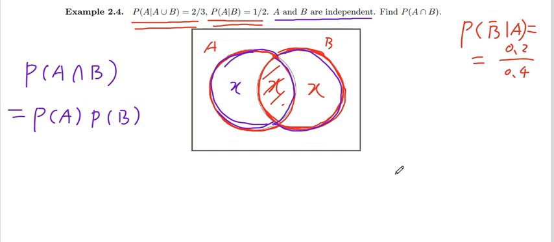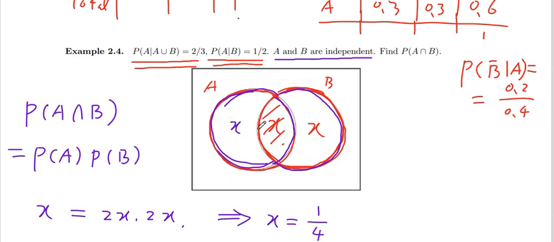Then P(A and B) is x, P(A) is 2x, P(B) is 2x. So we get x equals 2x times 2x, cancel 1 x, cancel 1 x, so x equals 1 over 4. So this is 1 over 4, this is 1 over 4, and the other side is also 1 over 4. So what is A and B? A and B is 1 over 4.